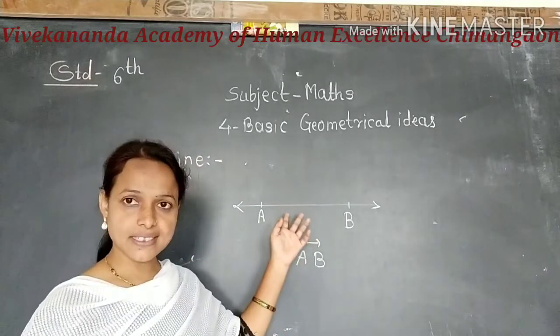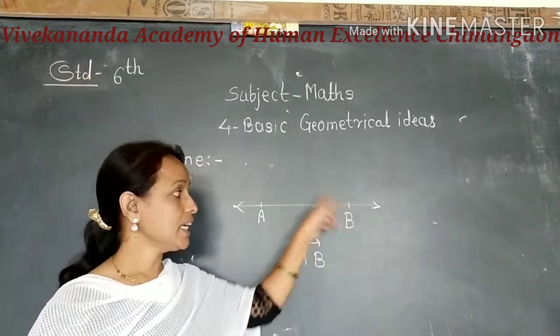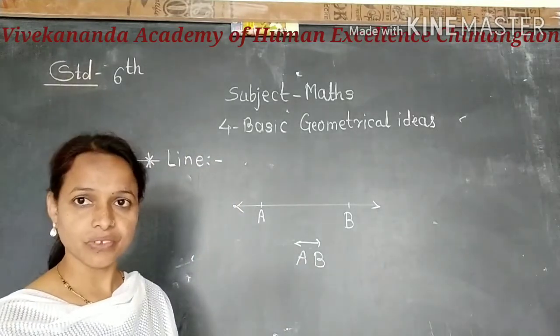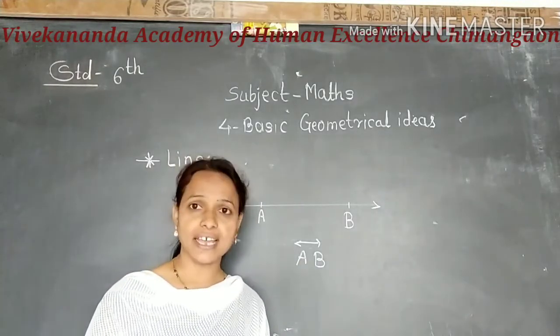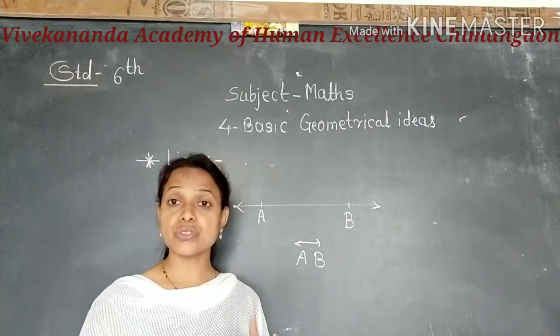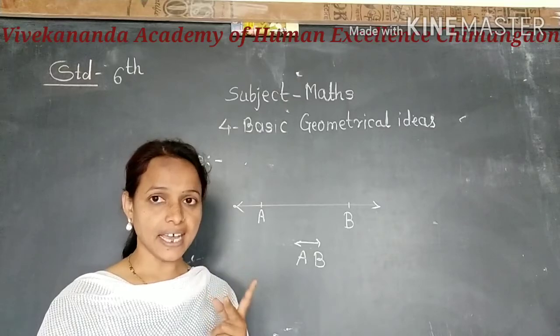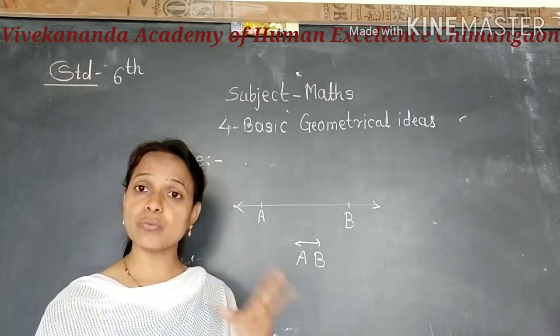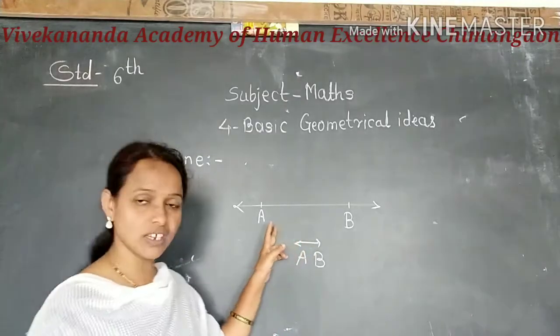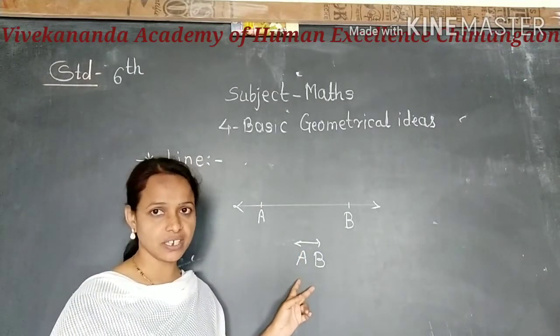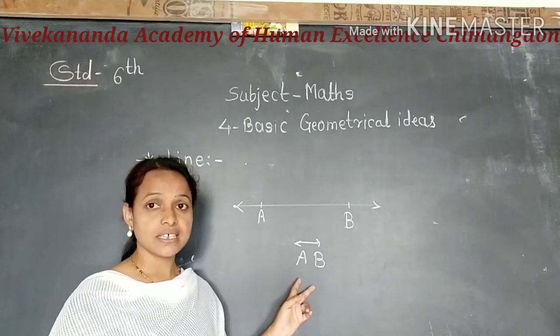We can extend a line in both directions indefinitely. And to denote a line, we can use 2 points. We can denote a line by using 2 points. Means in this figure, we can denote line AB as shown here. Remember that.